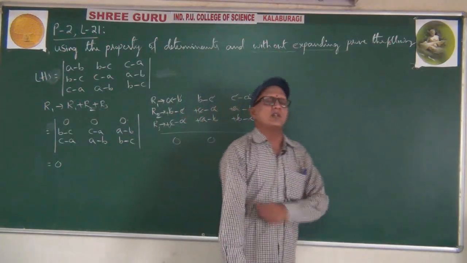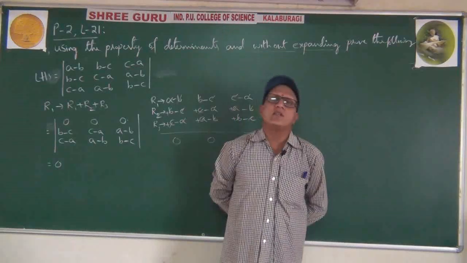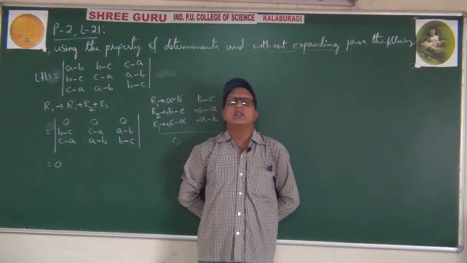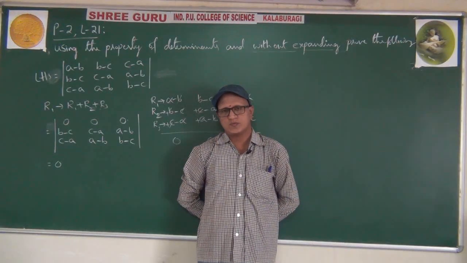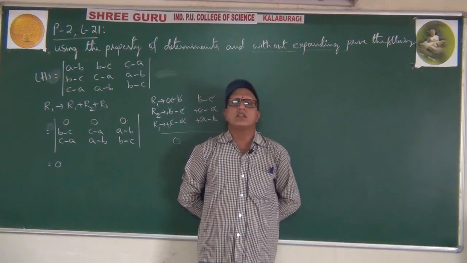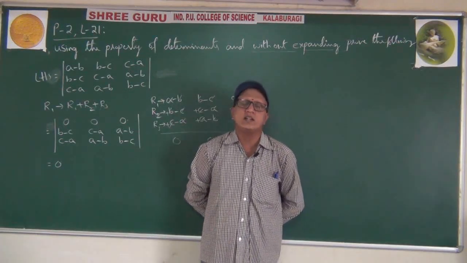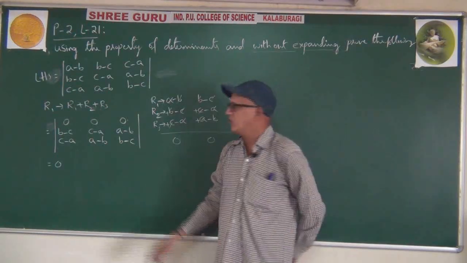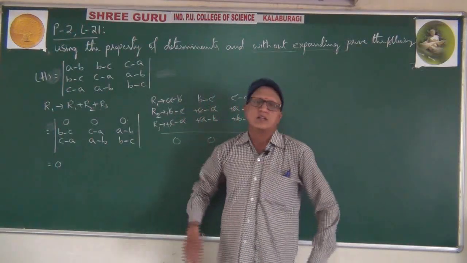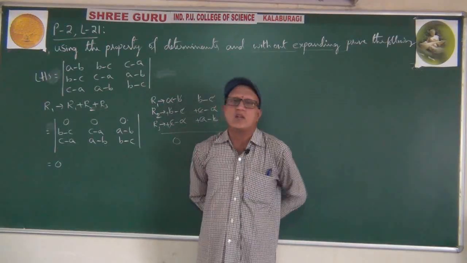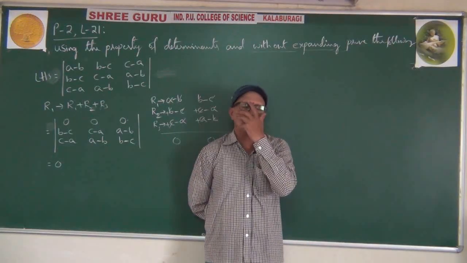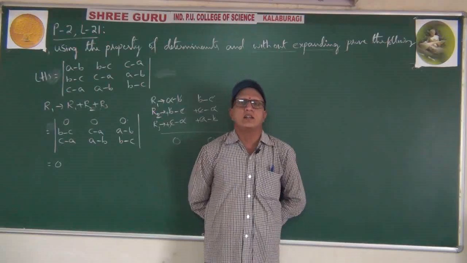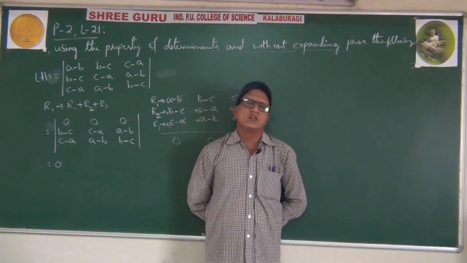Remember, this is also one formula. In whichever row we have 3 zeros, or in whichever column we have 3 zeros, then the determinant value will be 0. No need to write any reason here. Like in the last question we wrote that the first column and third column are identical, that's why 0.